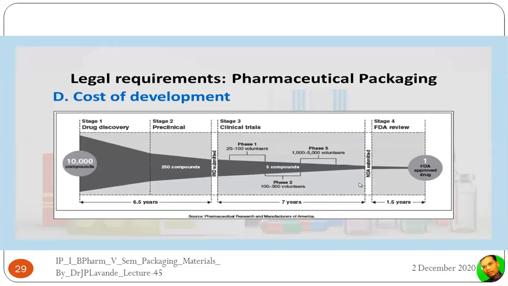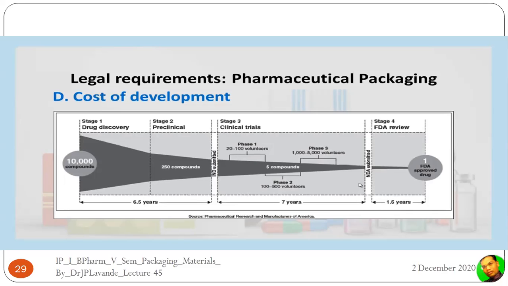That is the investigational new drug, and approval is sought once promising results are obtained on the animals. Then, after getting the IND approval, one can go for the clinical trial, where the study is performed under phase one, phase two, and phase three.